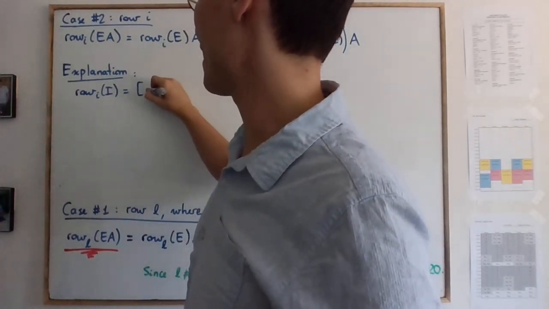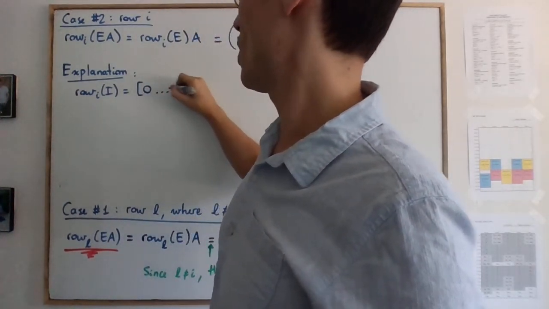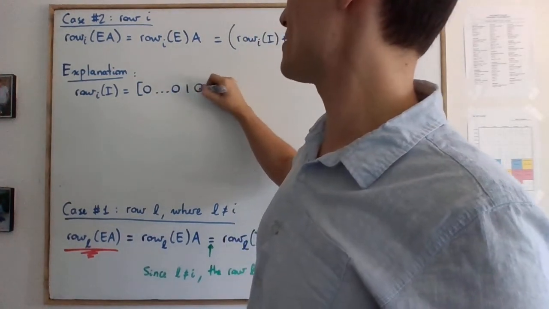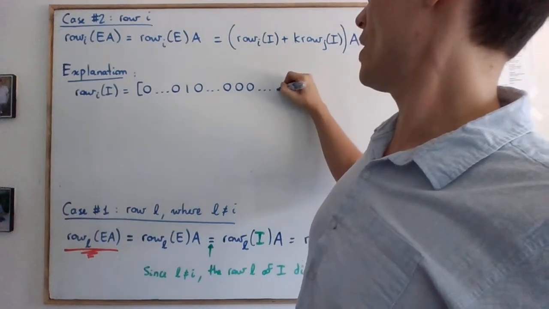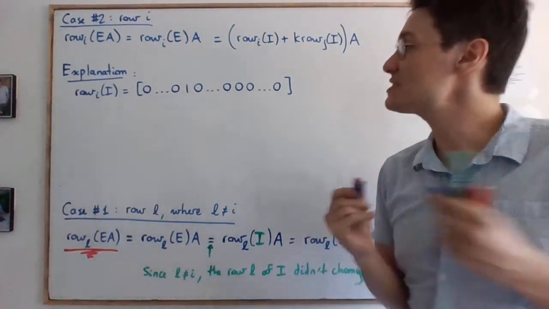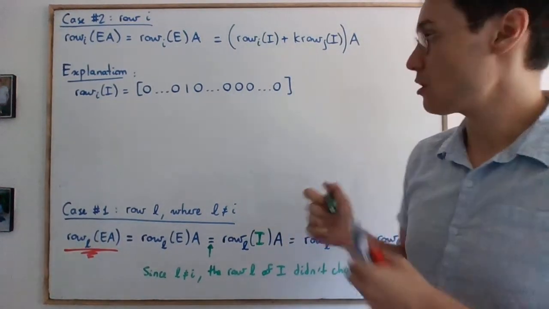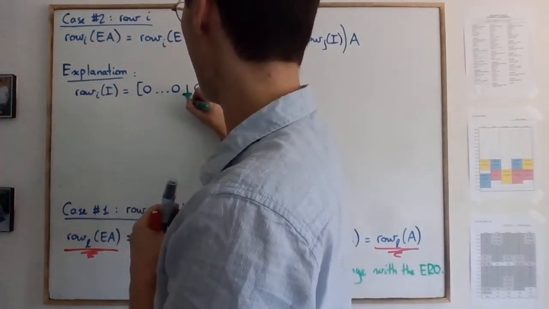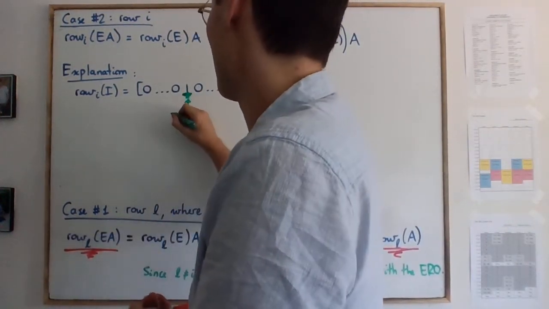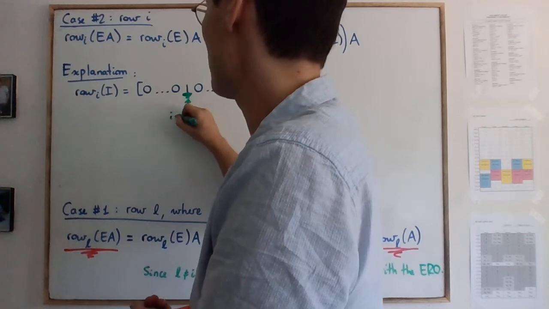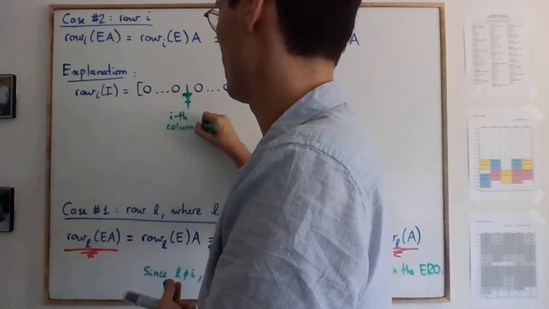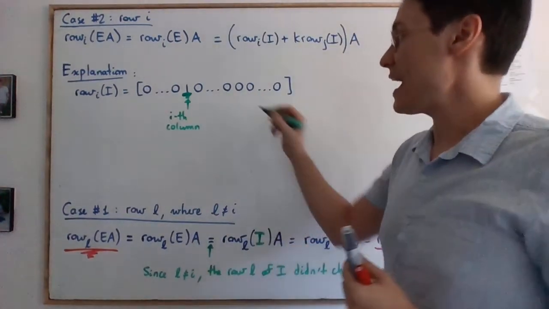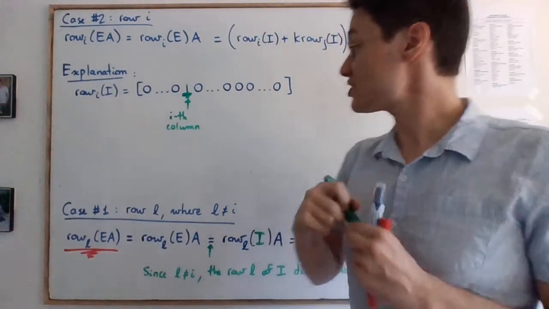So we're going to have 0 up to 0, 1, 0, up to 0, 0, 0, and something like this. And you'll see where I'm coming with this. So this is the ith row, so actually this is the ith column. That's it. And here I'm going to label the jth column.